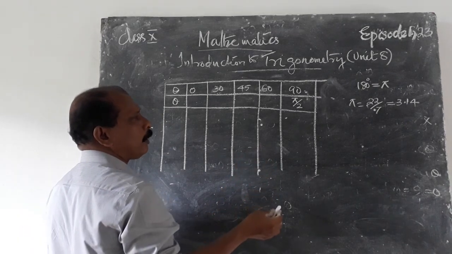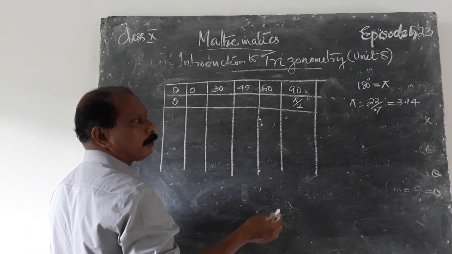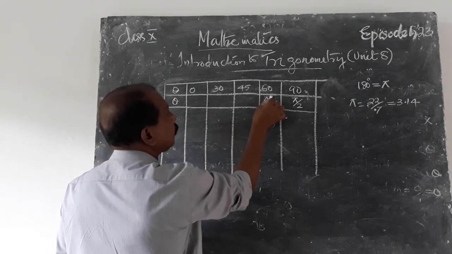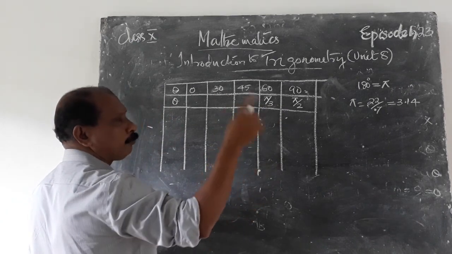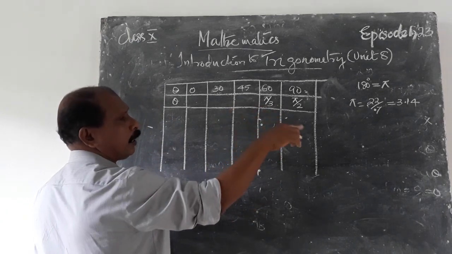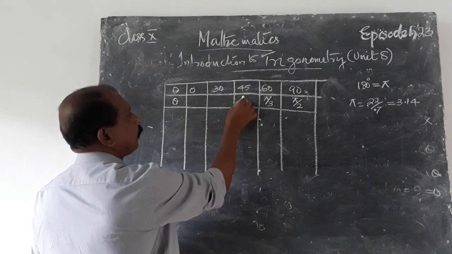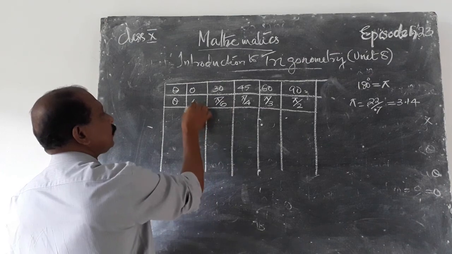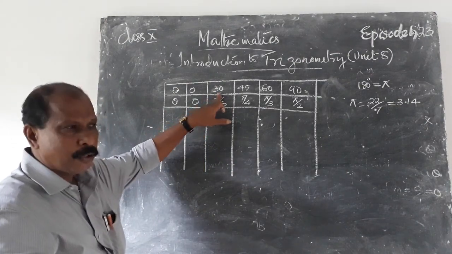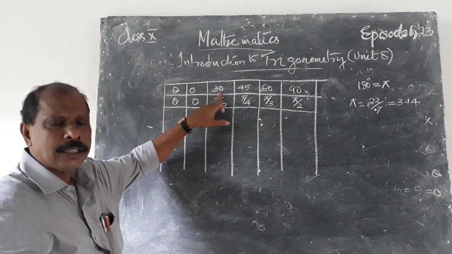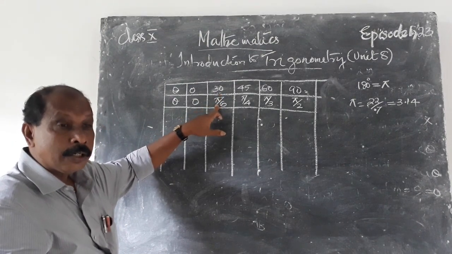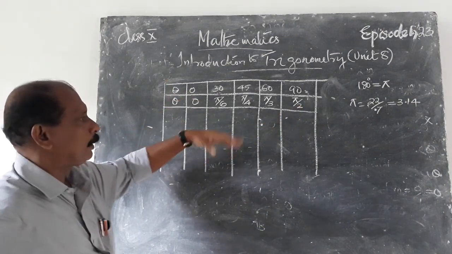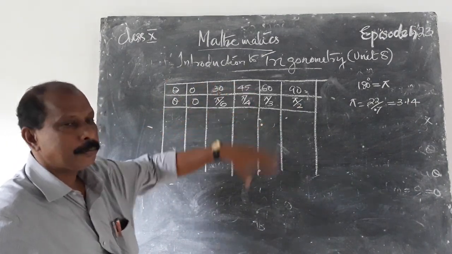Then 180 by 3 is 60, so it is pi by 3. 180 by 4 is 45, since 180 by 2 is 90 and 90 by 2 is 45, that is pi by 4. And it is pi by 6, since 180 by 6 is 30. This is the notation for the angles 30, 45, 60 and 90 degrees using pi: pi by 6, pi by 4, pi by 3 and pi by 2.